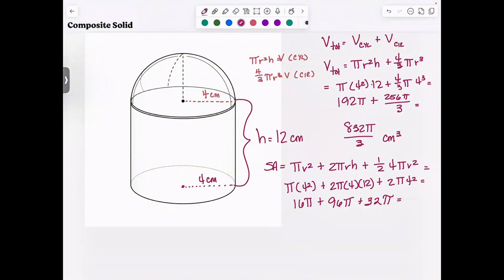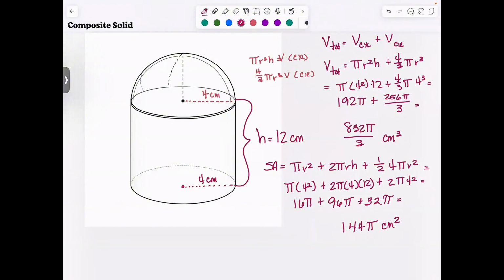And 144 pi, are we done? No, not quite, because we need to say pi centimeters squared.